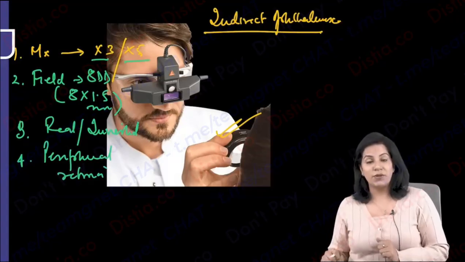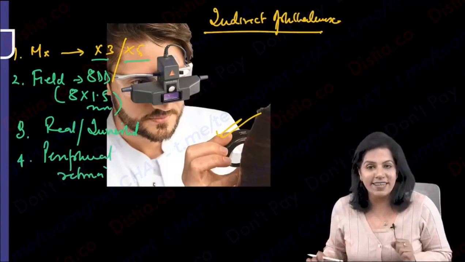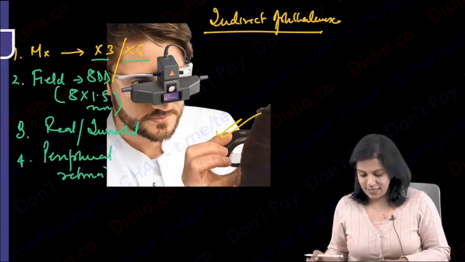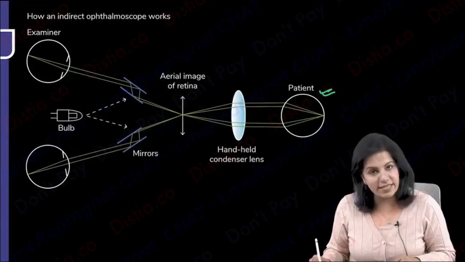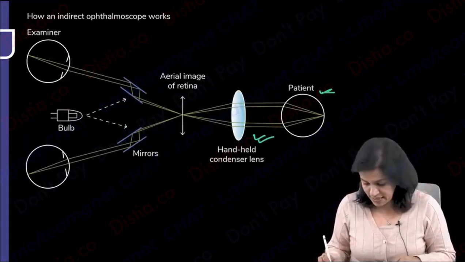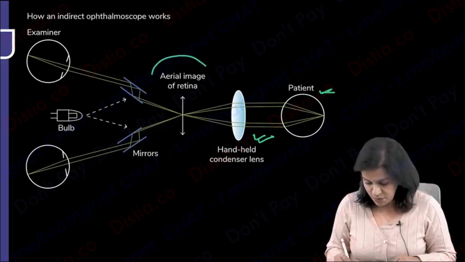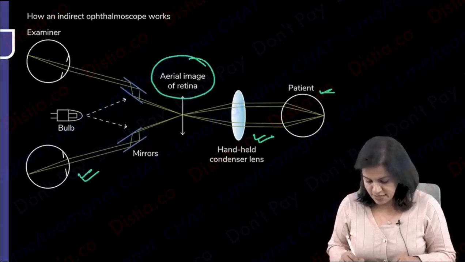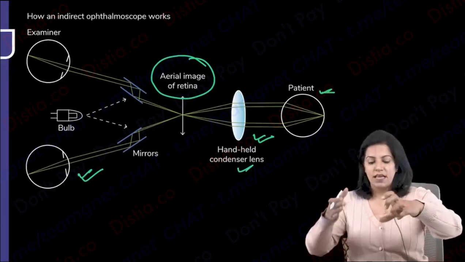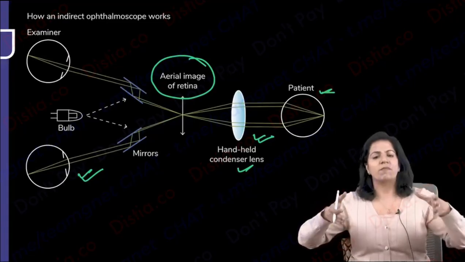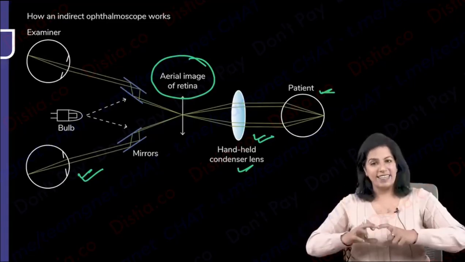Another question they've asked is, where is the image formed when you're doing indirect ophthalmoscopy? Let's see this. The light is coming from the patient's eye. The retina I have to see is focused by the condensing lens. The image is formed in air between the examiner's eye and the lens that he's holding. Generally we do it properly when the patient is lying down and we are at the head end.